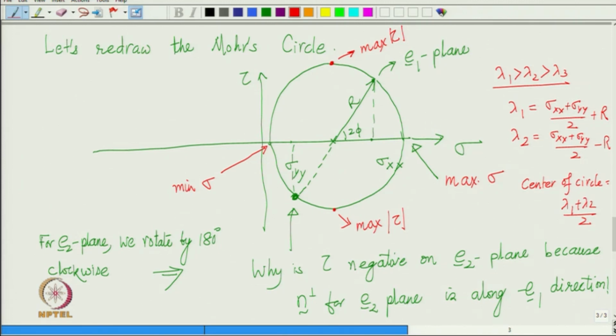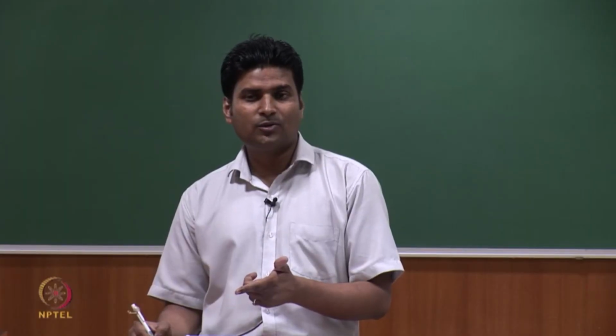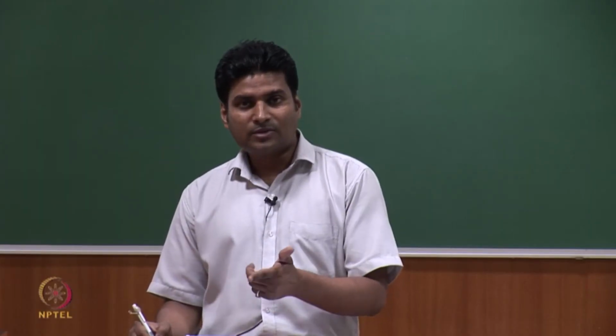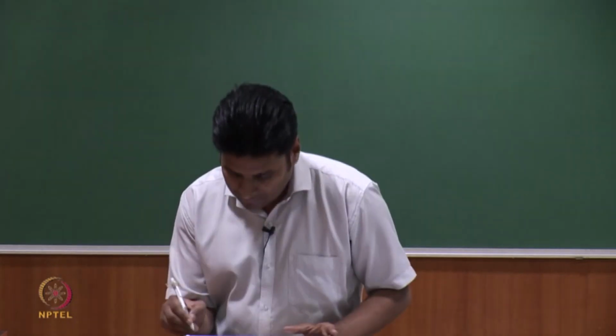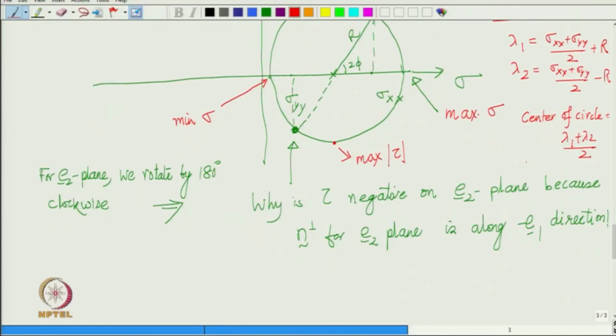What can you say about the radius in terms of lambda 1, lambda 2? Subtract those two formulas and divide by 2, right, to get your radius. So, the radius r is also equal to lambda 1 minus lambda 2 by 2, is not it.